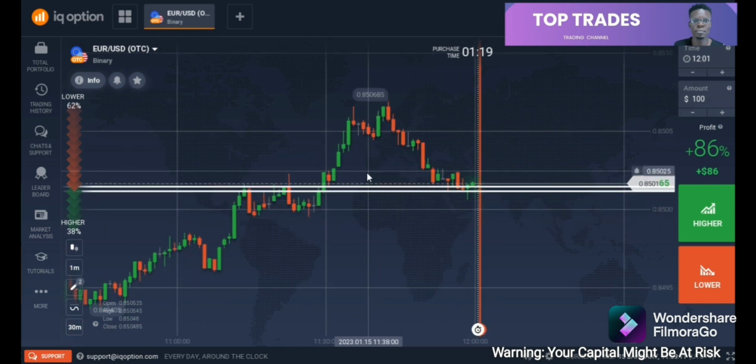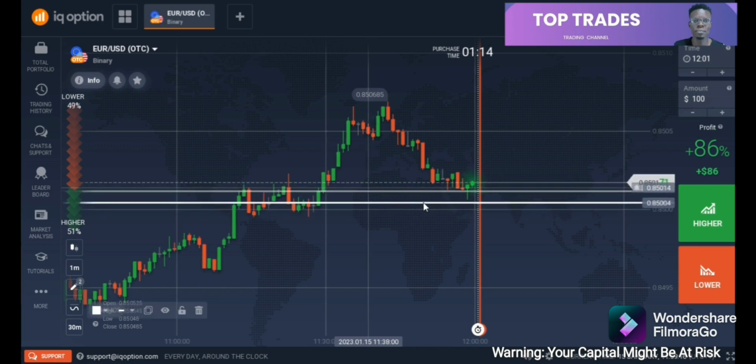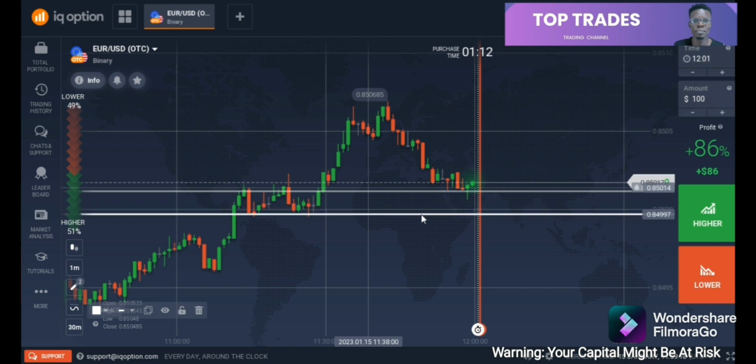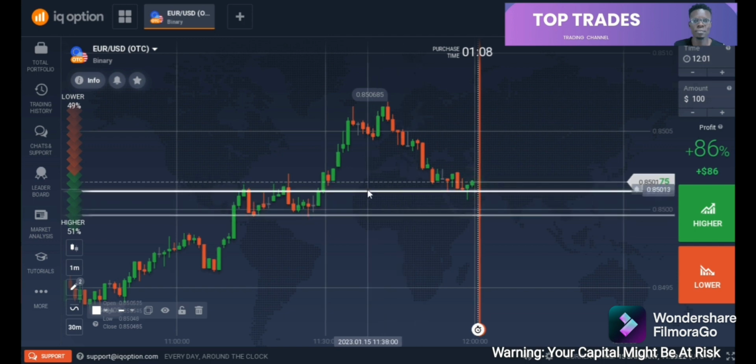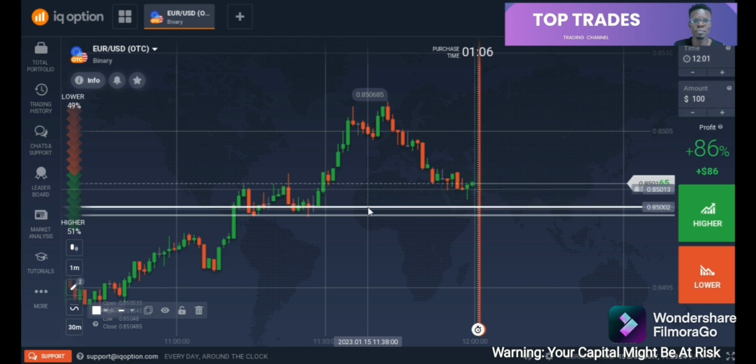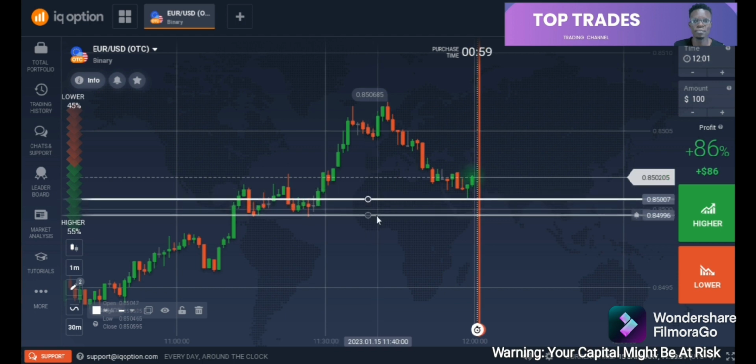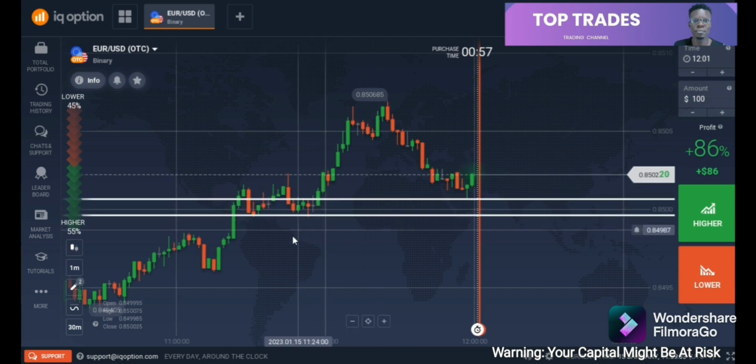So now the candle has finished, so let's try to move these lines further down. I think we should just include this. Let's use this area because I am sure that the market is going to come further down.